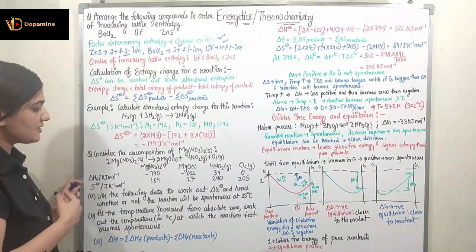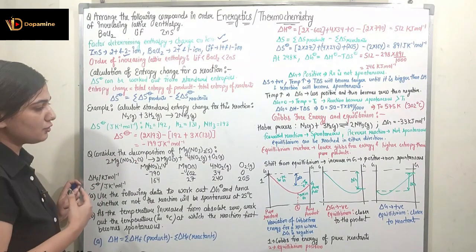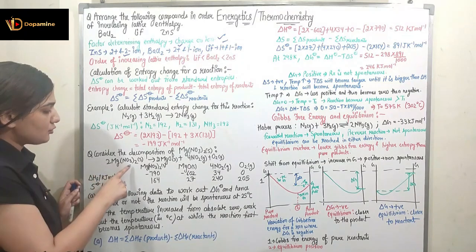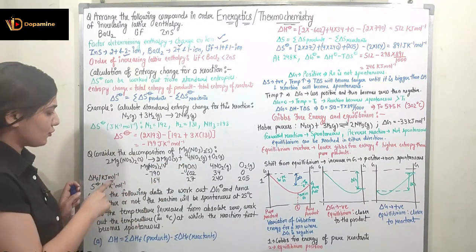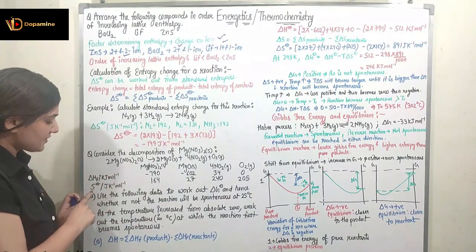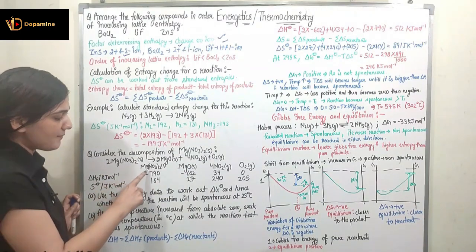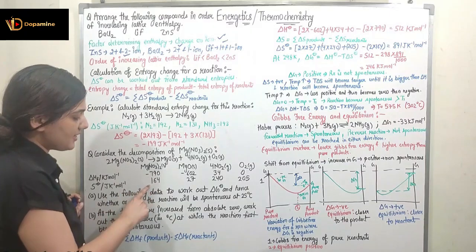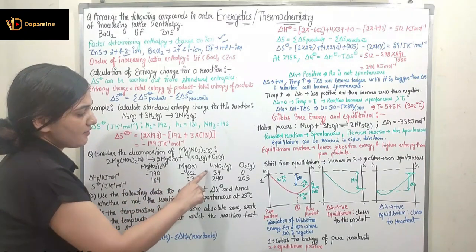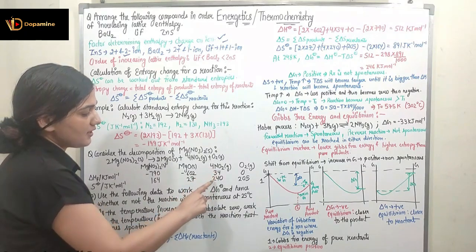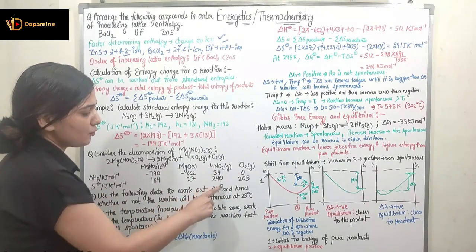Coming to the next question, consider the decomposition of MgNO3: 2 MgNO3 gives 2 MgO plus 4 NO2 plus O2. Now delta Hf and S are given, right? For MgNO3 it is minus 790 and 164. For MgO it is minus 602 and 27. For NO2 it is 34 and 240.